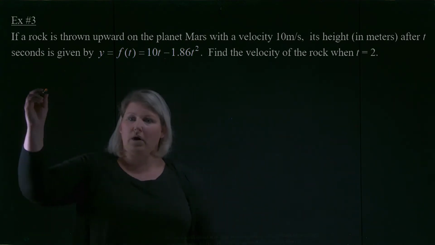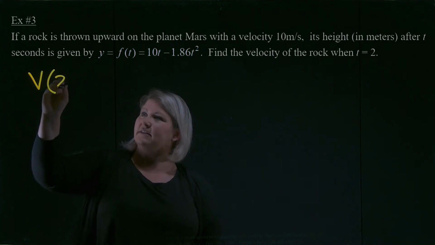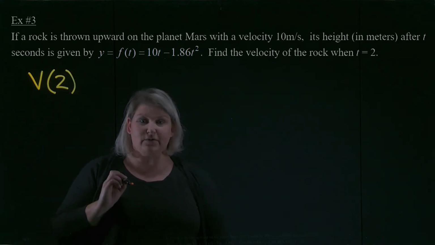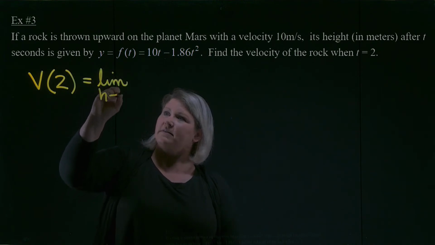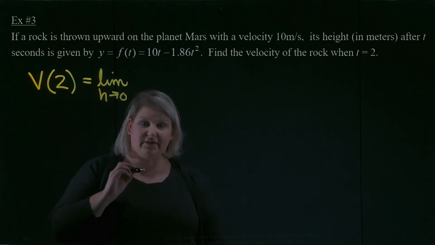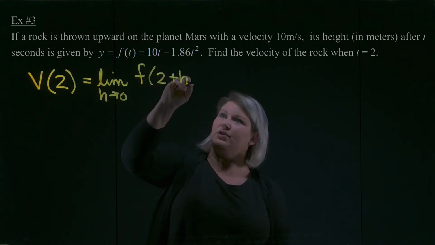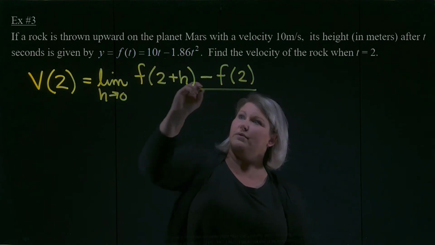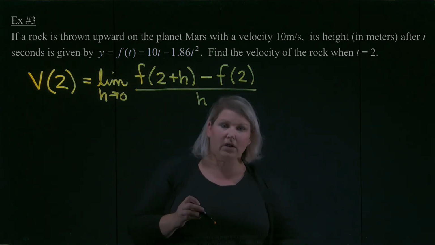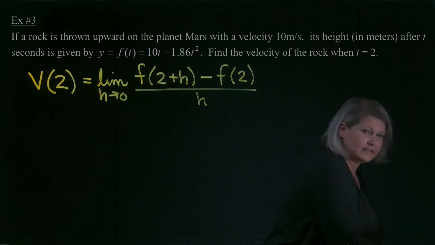All right, so what we're looking for is we want to find the velocity at t equals 2. So that's going to be the limit as h approaches 0 of f of 2 plus h minus f of 2, all over h. Keep in mind why that is.